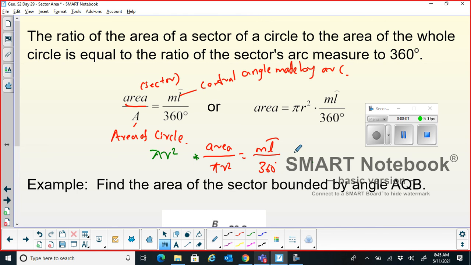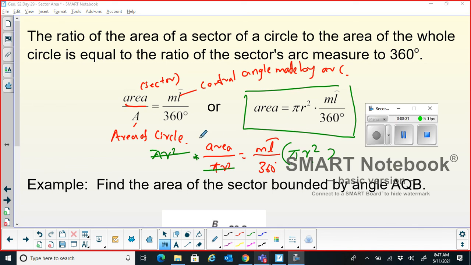These two will get crossed out, so I get area equals pi r square times the arc measure in degrees divided by 360 degrees. Make sure this angle is in degrees and not radians. Note this down, I'll give you some 30 seconds, then we will see a few problems based on that.